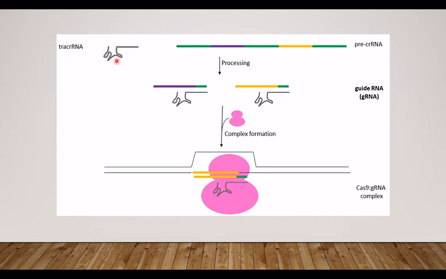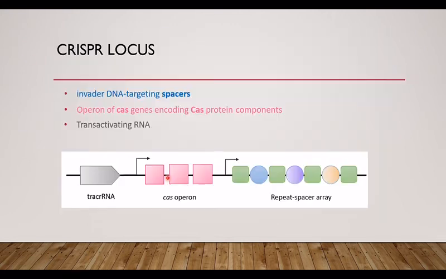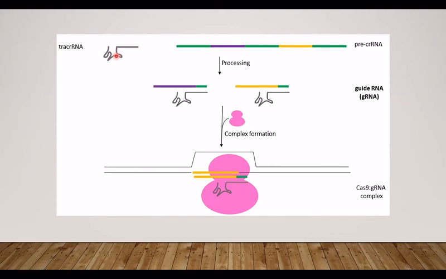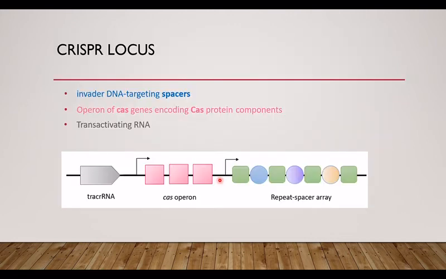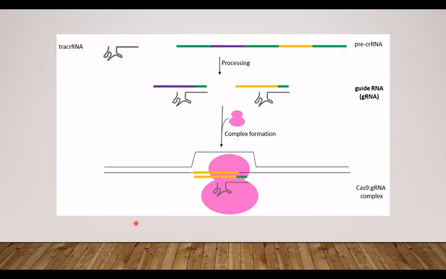Okay, tracrRNA. First, I would like to explain that the repeat spacer array region gives rise to a type of RNA called pre-crRNA, or immature CRISPR RNA. The tracr region codes for the tracrRNA.